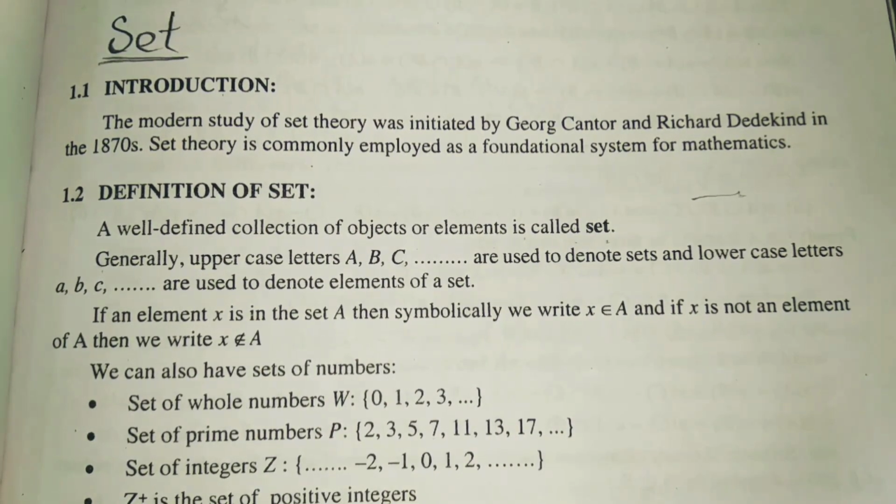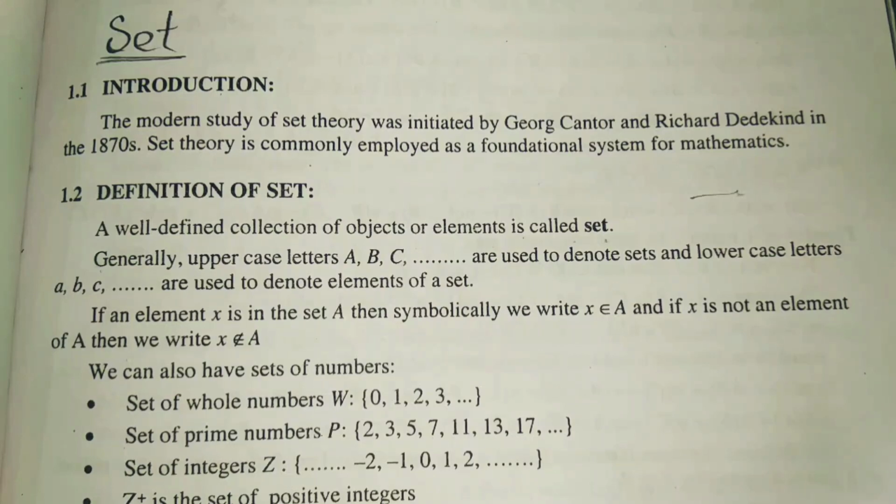So, a well-defined collection of objects. First of all, collection. For example, suppose there is our home, and on that home the family members stay. So the home we can say is the set, and the family members are the elements of the set.